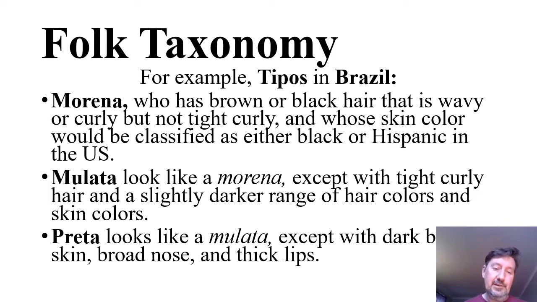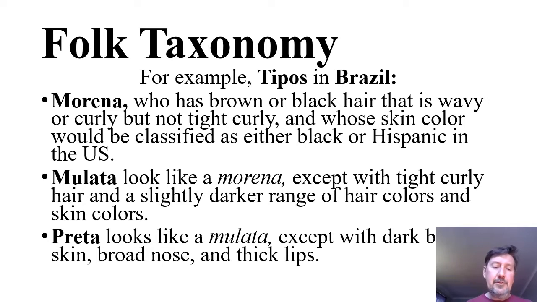In Brazil, for example, there are up to 7 different categories of race between fully black and being fully white that a person can fall into. These categories in Brazil are called tipos, the same etymology as the word type in English. And to keep it simple, here are examples of 3 tipos from the greater number of examples that you can find in the chapter by Fox.